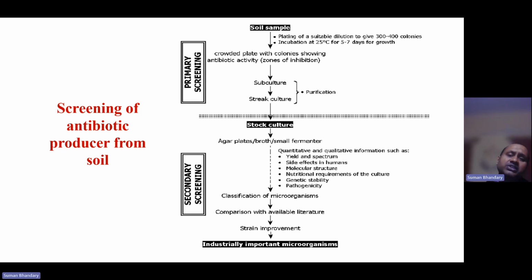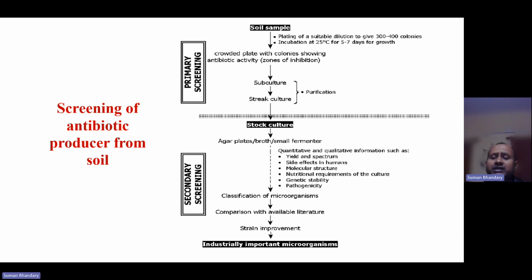Then we have subcultured if we have suspected any zone of inhibition surrounding the colony or colonies. Then we have purified it through the streak plate method, and then went for stock culture as well as secondary screening.